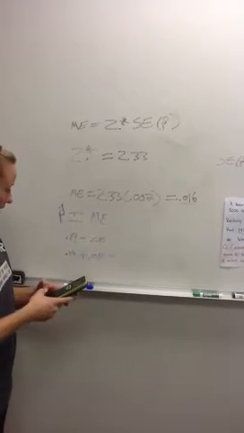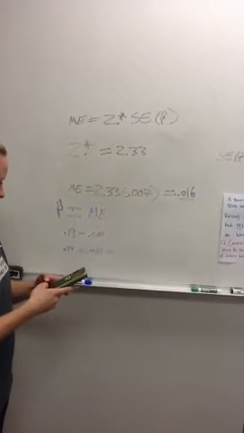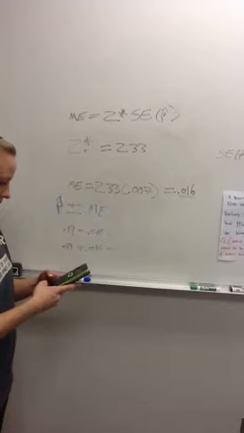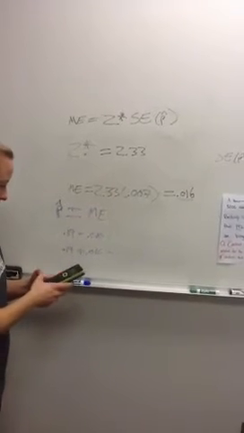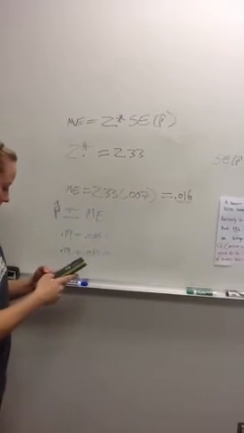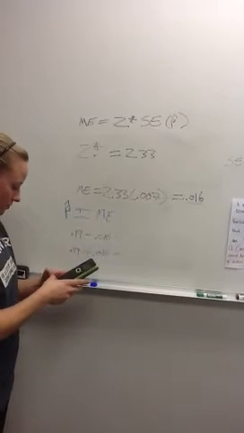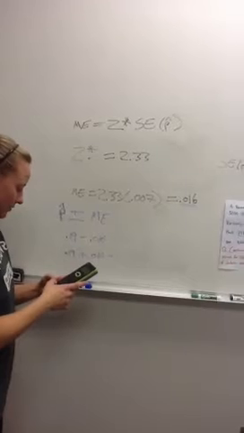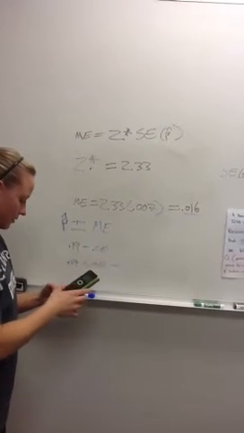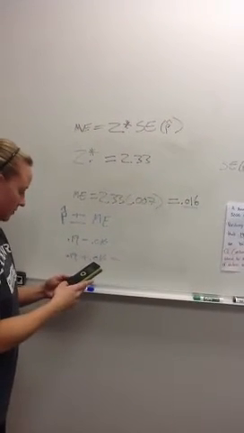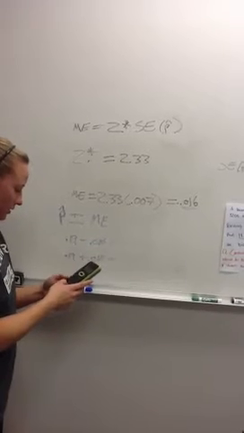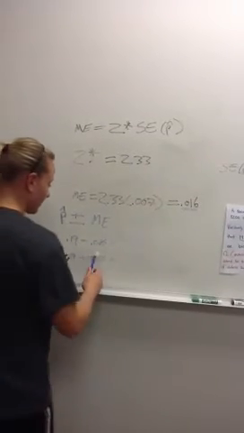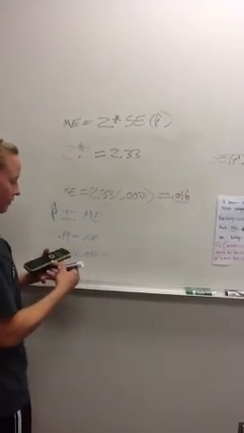So for our lower confidence limit, 0.19 minus 0.016 is 0.174.